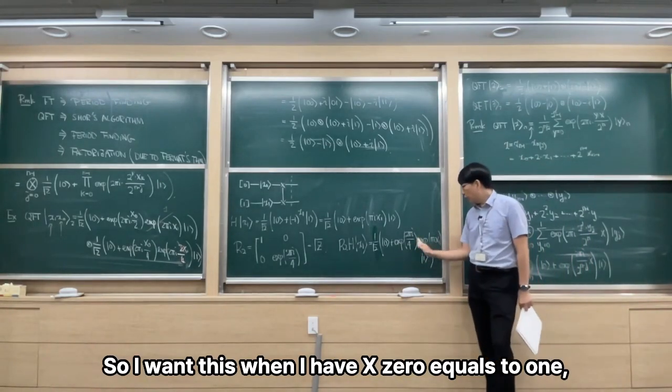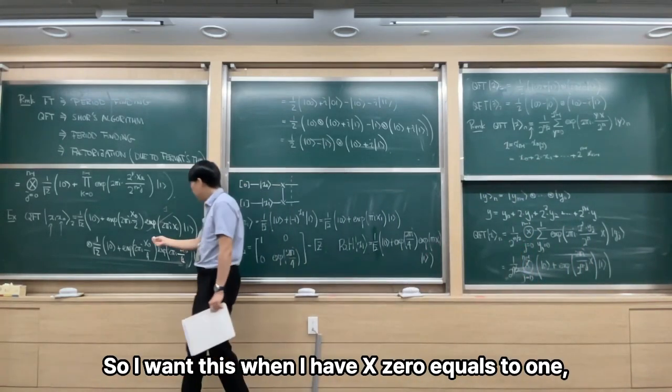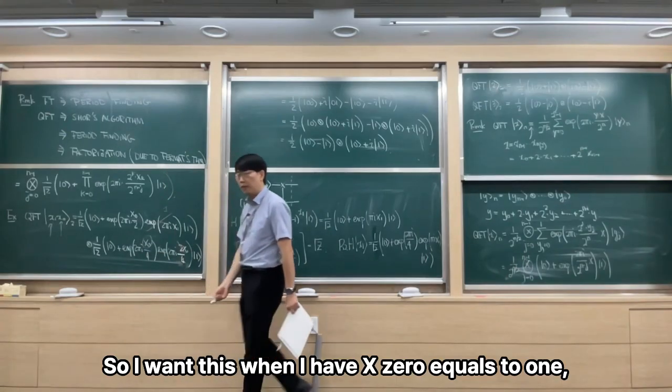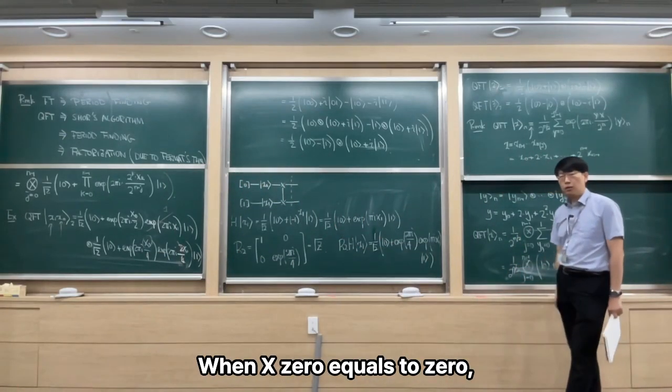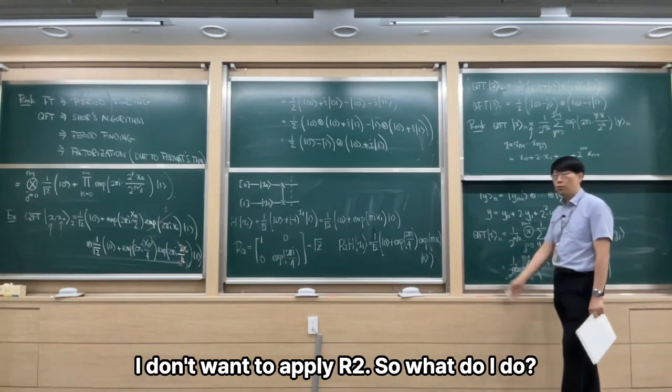So I want this when I have x0 equals 1. Only when x0 equals 1. When x0 equals 0, I don't want this. I don't want to apply R2.